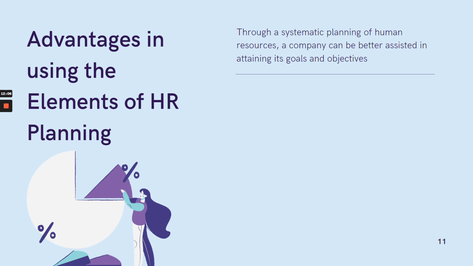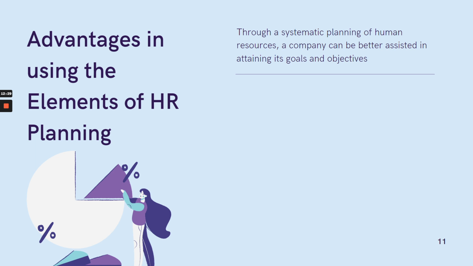One is through a systematic planning of human resources, a company can be better assisted in attaining its goals and objectives. So if nakaplano siya tanan, if there's a systematic planning, therefore the company is in a better place, no, to attain sa iyang goals and objectives. Okay, dili man siya kalat.